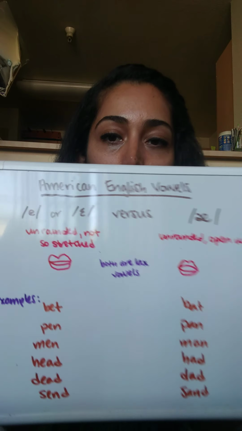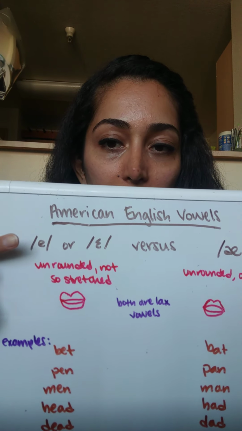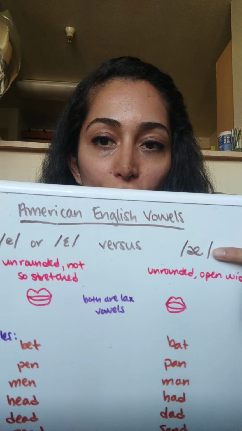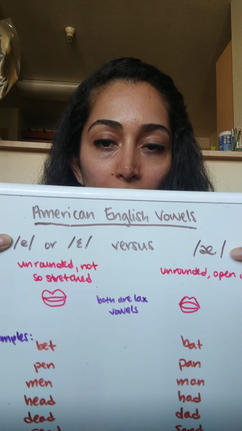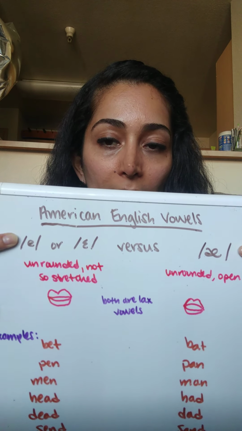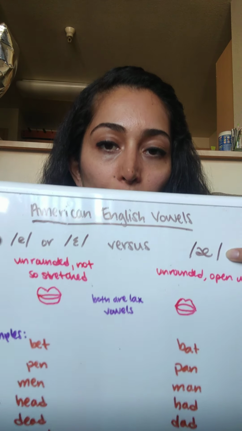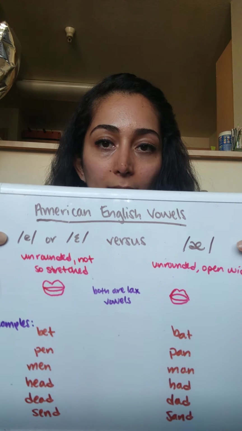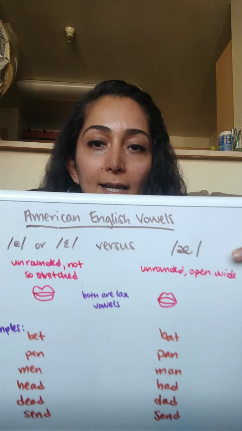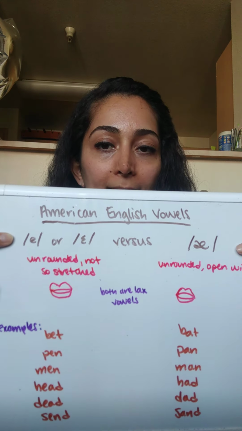So today I have my board here for you, and today's focus is going to be on these two sounds that you see here. And again, I'm using the phonetic alphabet, so these symbols represent sounds, not letters, because letters, again, are often misleading.